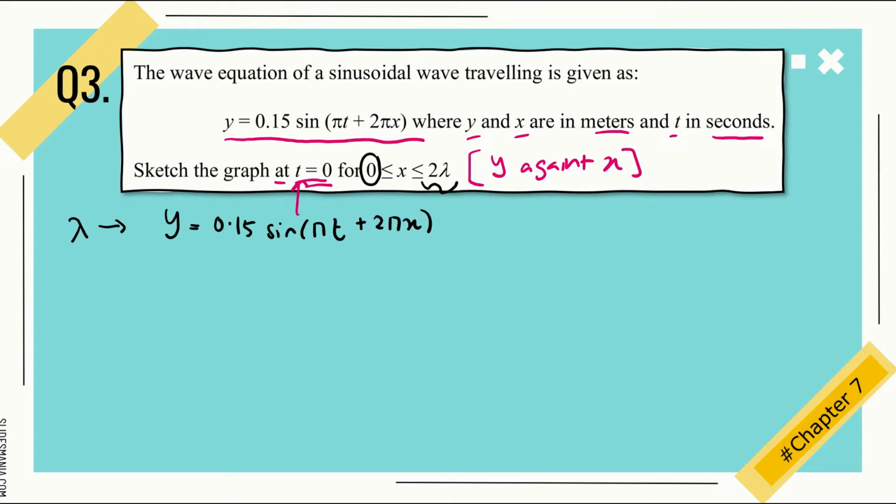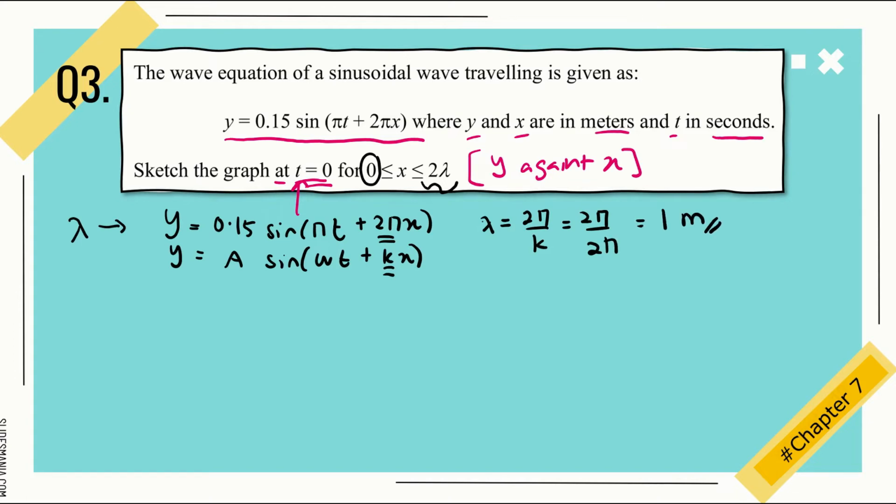We compare with the general equation, a sine (omega t plus ks). From the value of k here, which is equal to 2 pi, we can get lambda, which is equal to 2 pi over k. So 2 pi over 2 pi, and then lambda is equal to 1 meter.